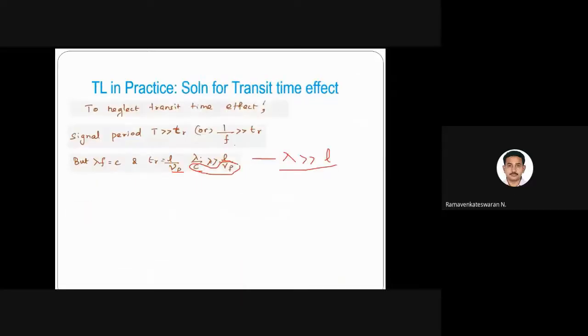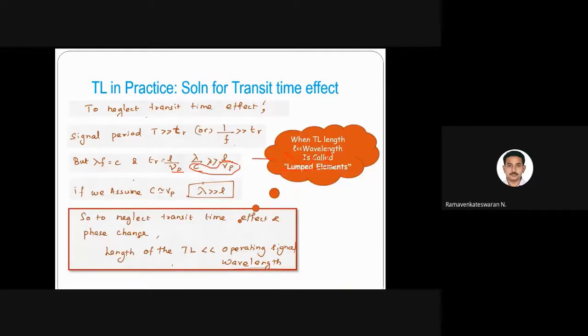So we can neglect the transit time effect when the length of the cable is very small compared to the operating wavelength, that is, lambda is much greater than the length. Whenever the physical length is very small compared to the operating wavelength, we call it a lumped element.